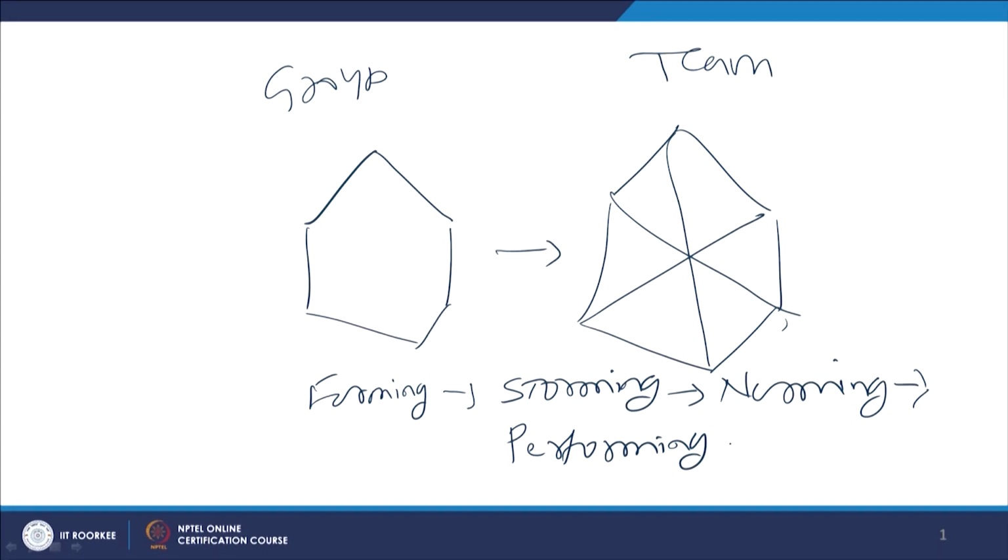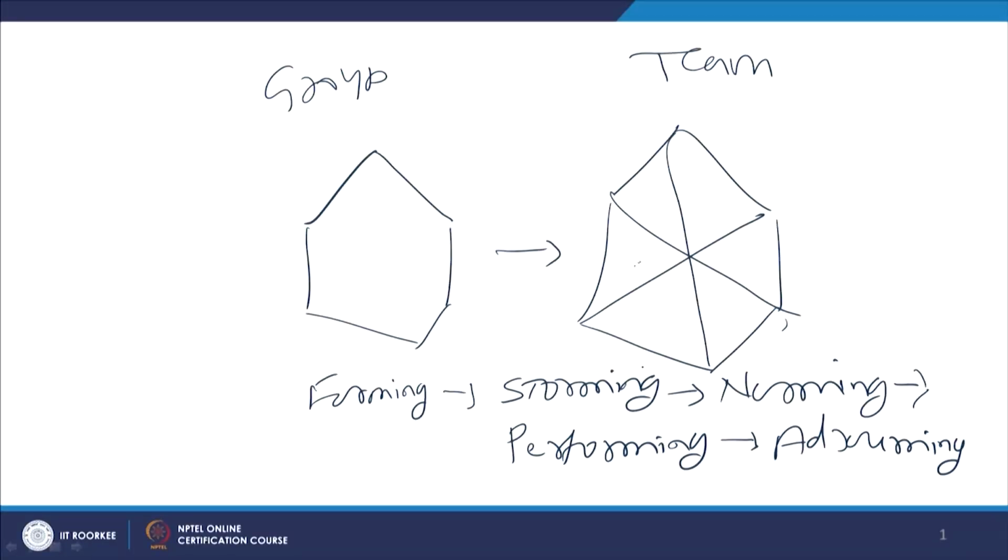Then finally, because every training program runs for a particular duration, as soon as it is over they go back to their workplace, and that is the adjourning. So it is forming, storming, norming, performing and adjourning.